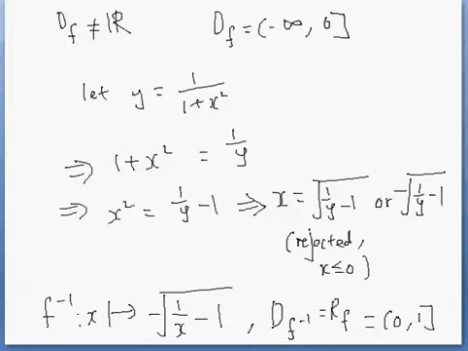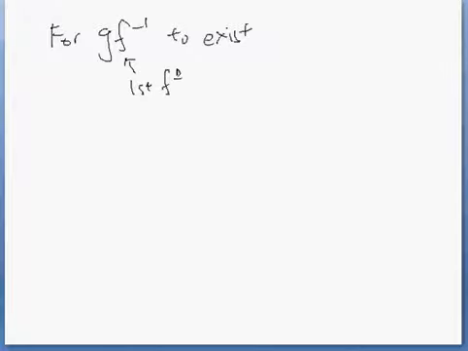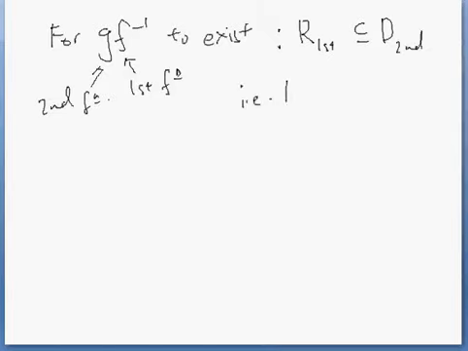Now the next part is asking us to check, does gf inverse exist or not? For gf inverse to exist, take note, this is my first function, this is my second function. What is the condition? The range of the first function must be a subset of the domain of the second function. In other words, you should check whether the range of f inverse is a subset of the domain of g.